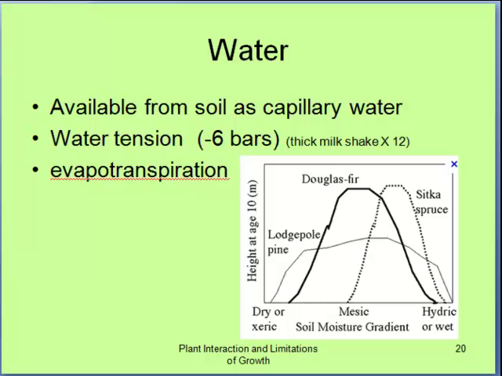One of the most amazing things is, how do trees grow on these drier sites? What makes them able to grow there? How do they get water? All trees need water, but some are able to pull it out better.